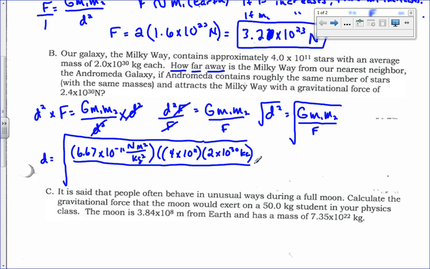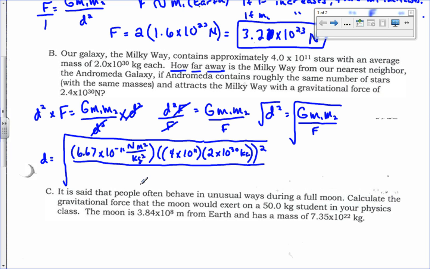When you multiply those two numbers together, you get the mass of the Milky Way. It's the same as the mass of the Andromeda, so the mass of 1 times the mass of 2. After the 2 times 10 to the 30 comes kilograms. You can close the parentheses and then square it. And that's the mass of 1 times the mass of 2.